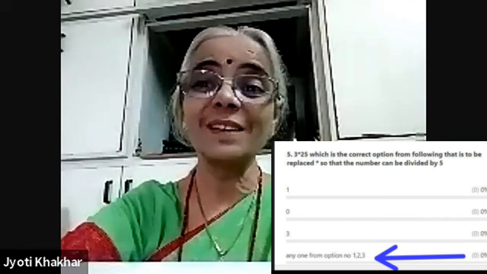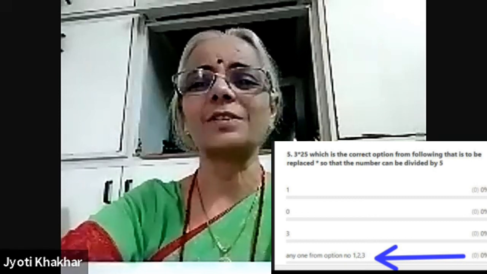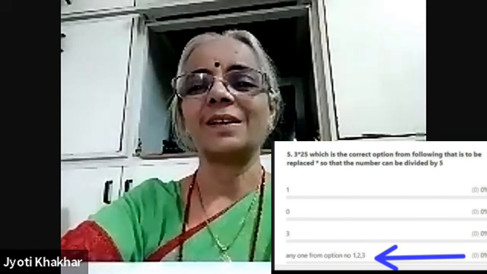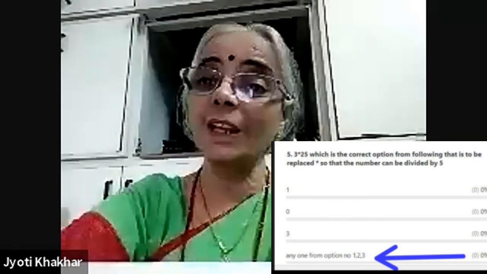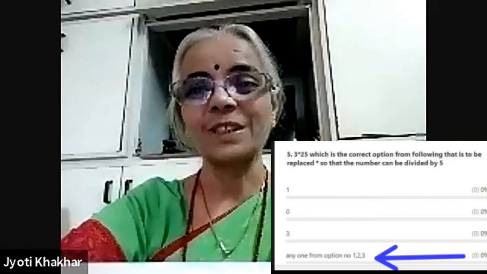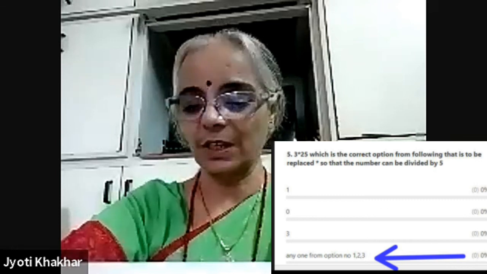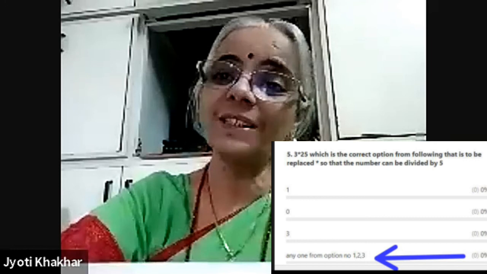What does it mean? In between, any number you put, the new number that appears will be divided by 5, because at the unit place there is 5. And so, the correct option is any option from the given numbers.